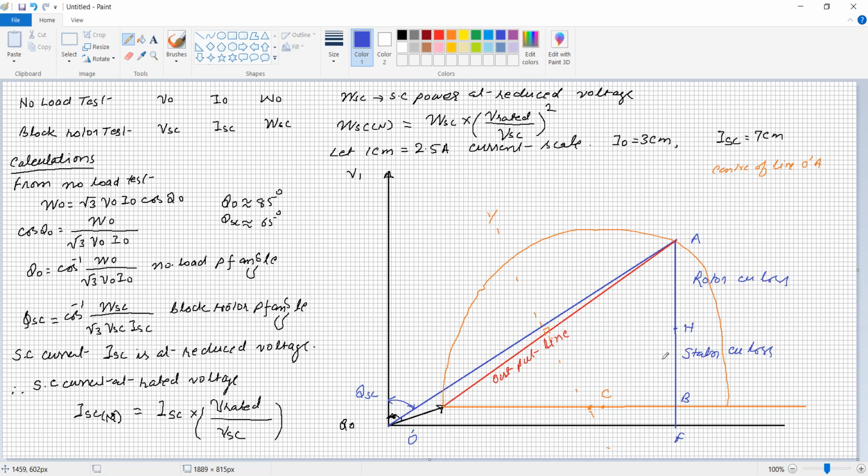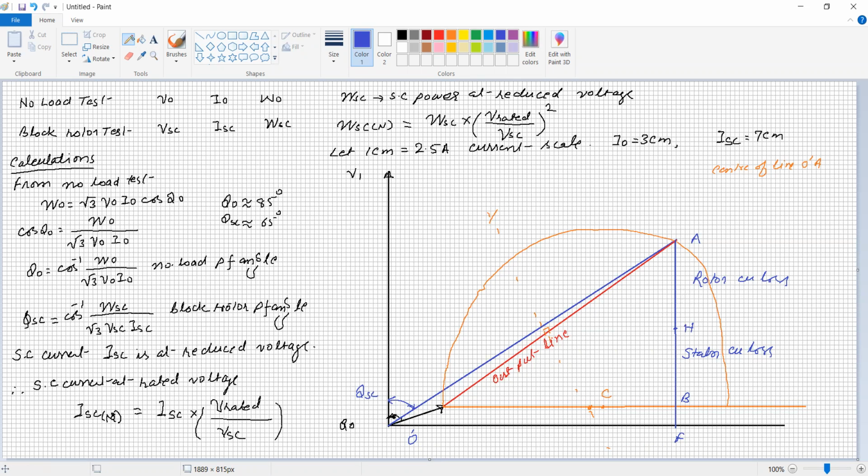Otherwise, if it is given that the stator losses are 60% of the rotor copper losses at standstill condition, then the length from B to H will be 60% of length AB. Are you getting it? Simply, if the stator copper losses and rotor copper losses are equal at standstill condition, H will be the center of AB. Otherwise, whatever relation is given, 60%, 20%, 50%, 80%, we will locate the point accordingly.